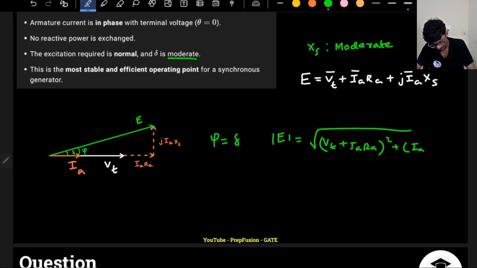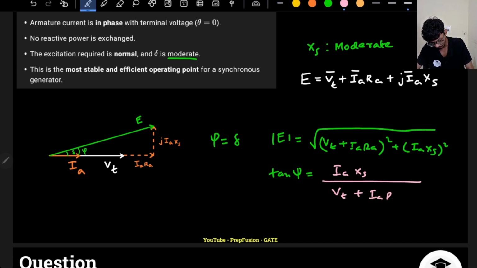So (Ia Xs) whole square, and the tan phi, or tan psi, sorry, to be precise, will be basically this component Ia Xs, the perpendicular upon the base, Vt + Ia Ra.